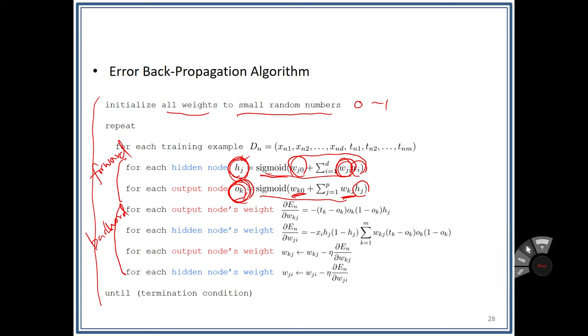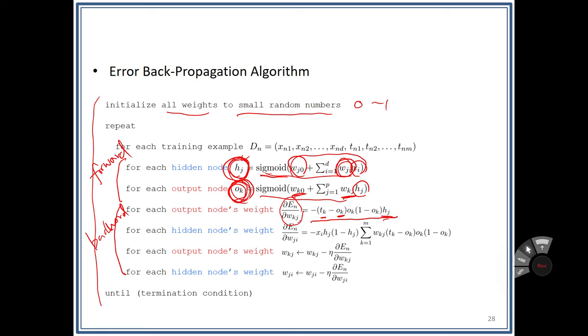Once we have found those values, we can evaluate this quantity, the gradient information, using the formula that we found in the previous slides. This one is the true value at the kth output node, this one is the predicted value computed at the previous step, and this hj is also a computed value at this stage.